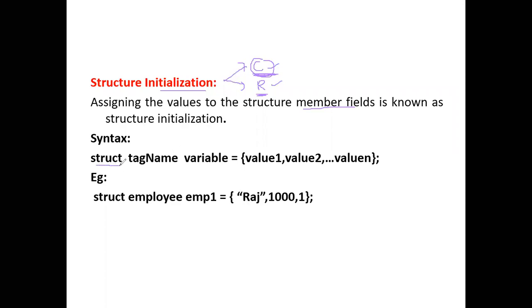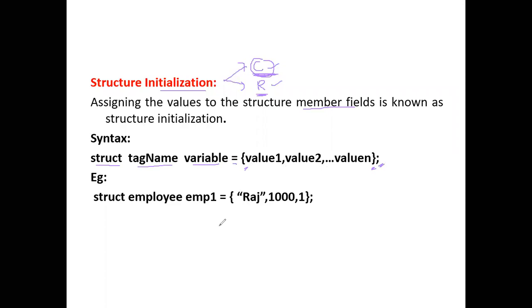We use the keyword struct, followed by the tag name, followed by the variable, an equal sign, and in curly braces we write the member field values, and terminate with a semicolon.